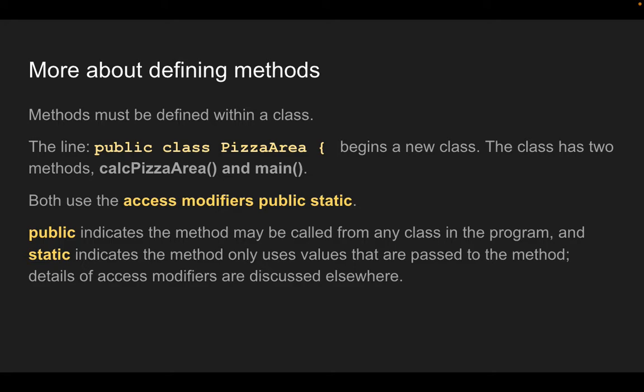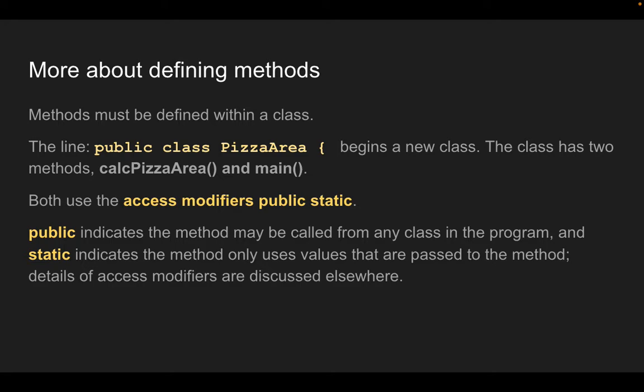So if you're inside of a class, you may call a method public. You may call a method private, or you may call it protected. And each of those has important accessibility for other users outside of the class.